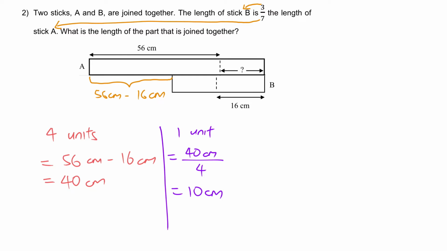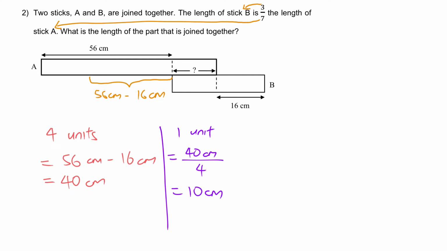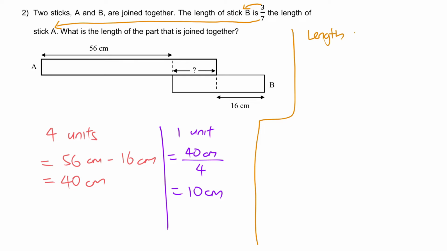As of now, let me undo my drawings and shift everything away to get back to the original. To figure out the gap here, we can either find out the length of A, then minus away 56, or we can find the length of B and minus 16. So I'm just going to go with using the length of stick B. Length of stick B is 3 units.